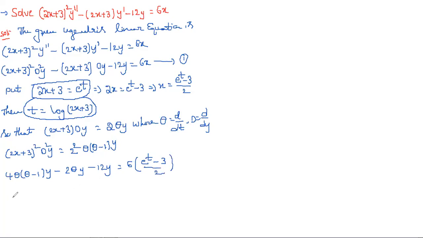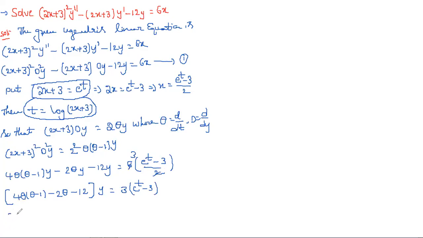If you observe, in each and every term y is common, so take that as common: [4θ(θ−1) − 4θ − 12] y = 3(e^t − 3).